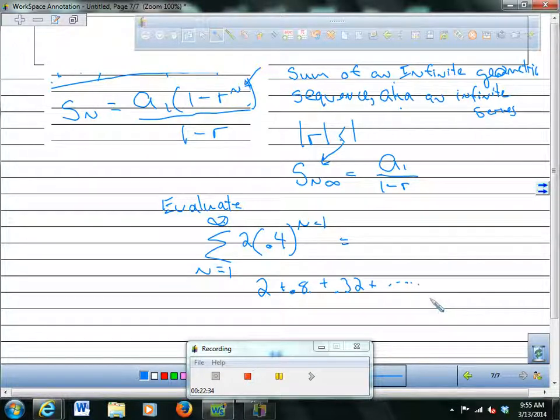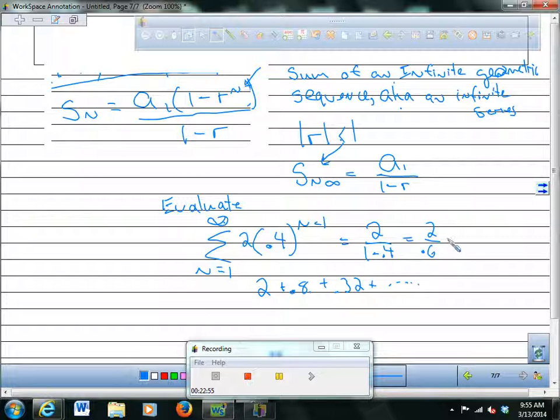You want to know what that adds up to, right? And so all I have to do is plug into this formula. What's a sub 1? 2. 2 over 1 minus 0.4, which is 2 over 0.6.